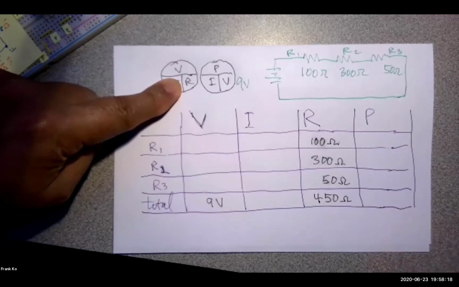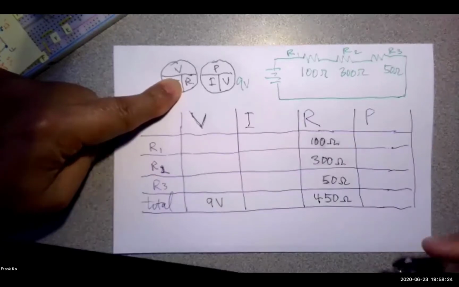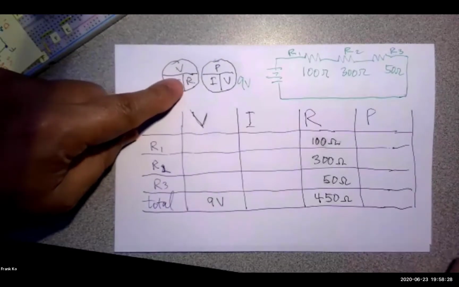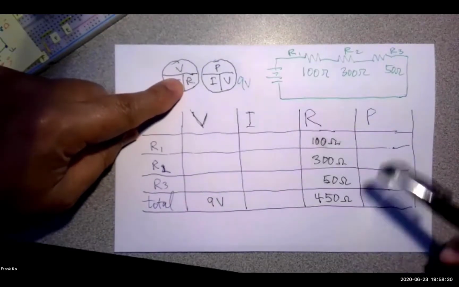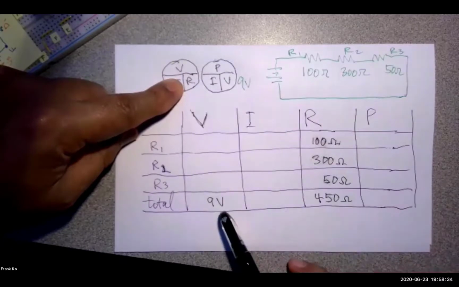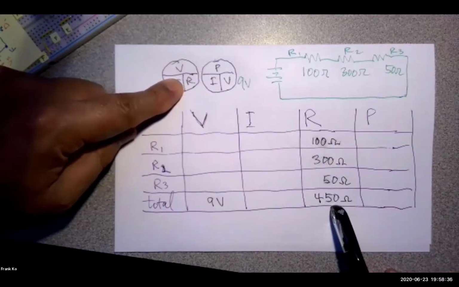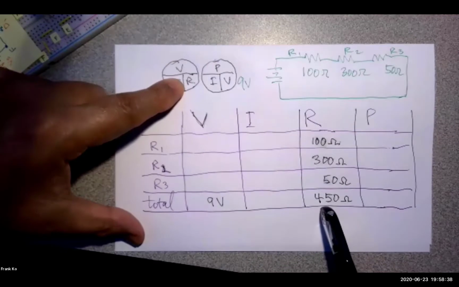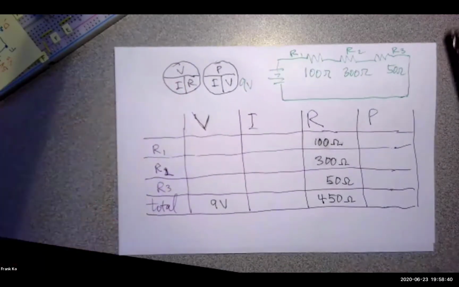You shouldn't just be watching, you should be doing, okay? Actively doing this. So I'm giving you time to do this. So you put your finger over the I. What's left in the circle formula? V divided by R. Do you have a V? Do you have an R? Woo-hoo. Take 9, divide by 450.